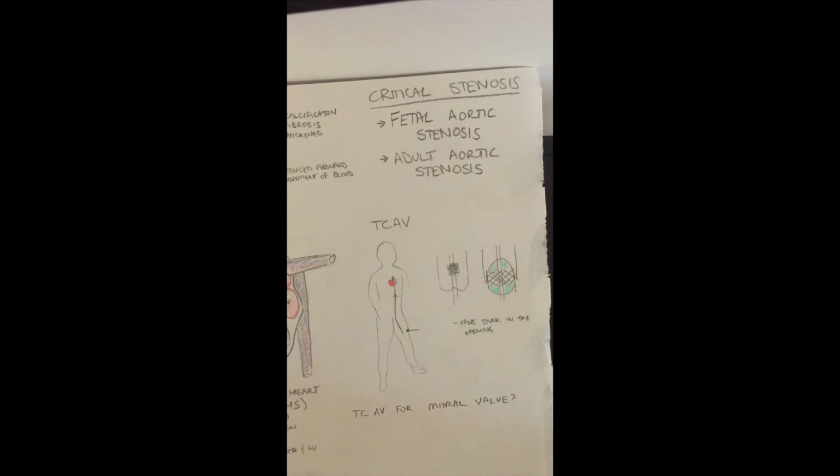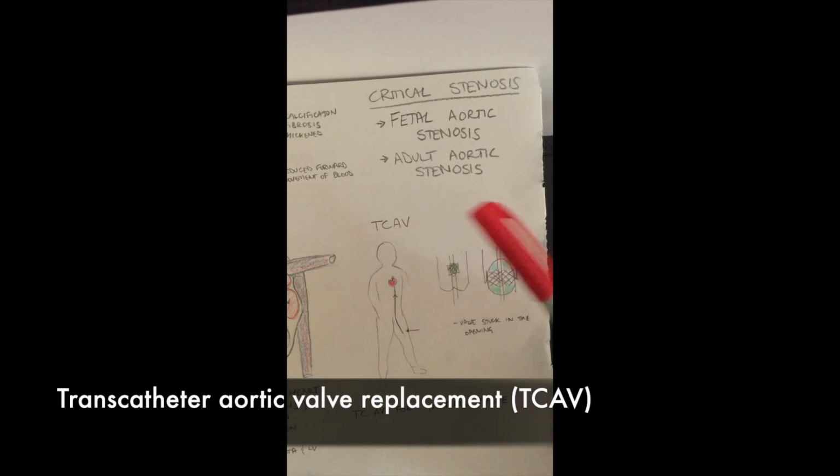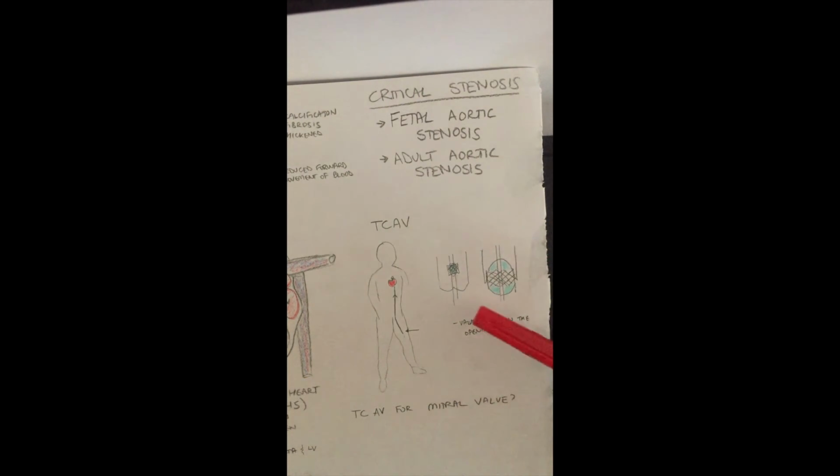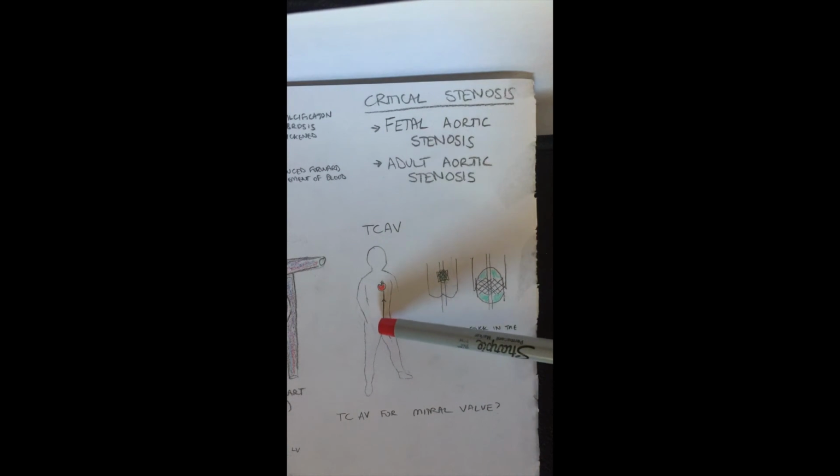So in adults, if you have aortic stenosis, what we have to do is replace that valve. So what they do is they use what's called the TAVR, or the transcatheter aortic valve replacement. A valve is carefully mounted onto a balloon delivery device, and the balloon is inserted up the femoral artery, travels up the aorta, and into the heart.